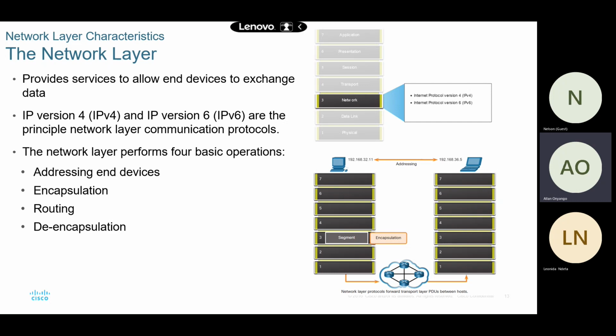You know, the internet is also a network. That is routing. And finally, they also do the de-encapsulation. Okay, when the packet has to be de-encapsulated to expose the segment, that is the de-encapsulation. So there's a couple of those major functions that are performed by the network layer.